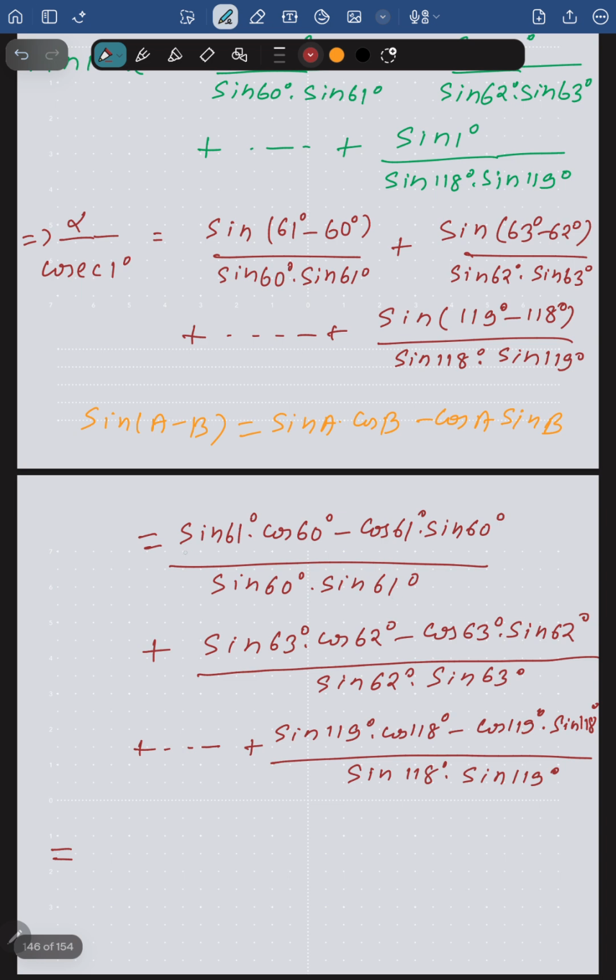So what we will do is sine 61 degree into cos 60 degree divided by sine 60 degree into sine 61 degree, minus cos 61 degree into sine 60 degree divided by sine 60 degree into sine 61 degree.